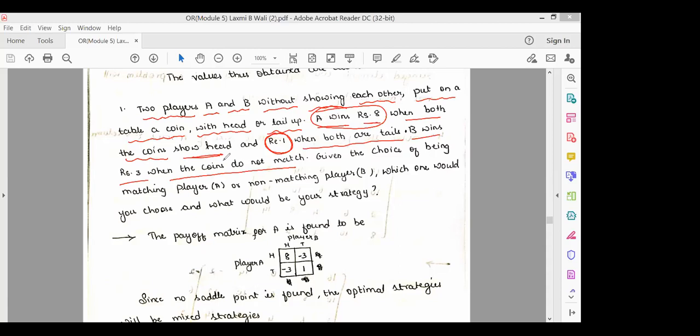So when both are head, player A is winning by ₹8, and when both are tail, player A is winning by ₹1. When they are not matching, player B is winning by ₹3. So given the choice of being matching player A or non-matching player B, which one would you choose and what would be your strategy?